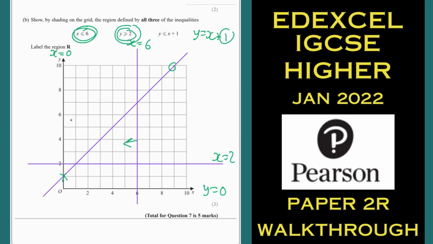Where vertically is bigger than 2, it's above that line. And here, not so easy, but let's just read it as where is the height, that's the y, less than the line, that's under it. There's your R. Shade it in if it makes you happy.